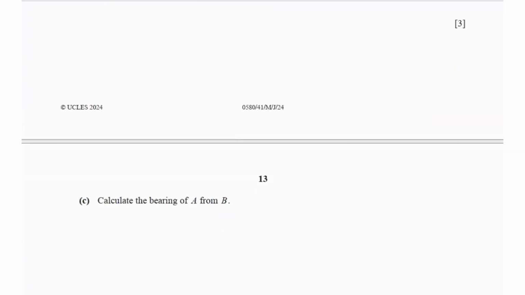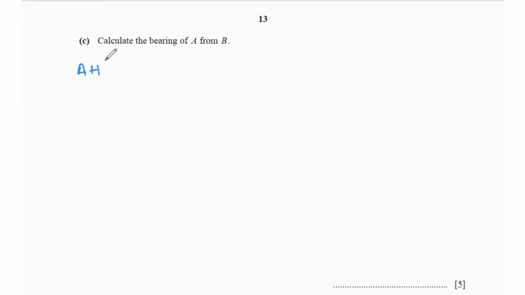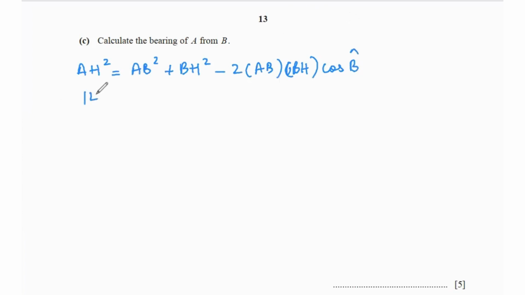So that's going to be AH squared equals AB squared plus BH squared minus 2 times AB times BH times cos of angle B. AH is 14 squared. This is going to be 11 squared, and this is going to be 13.7 squared, minus 2 times 11 times 13.7 times cos of angle B, which we're trying to find.